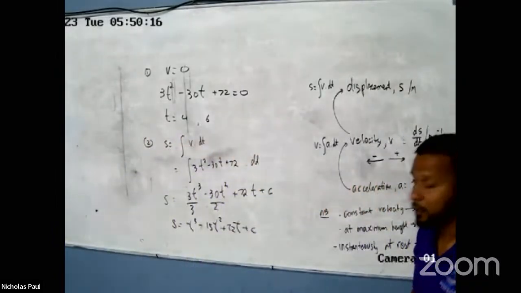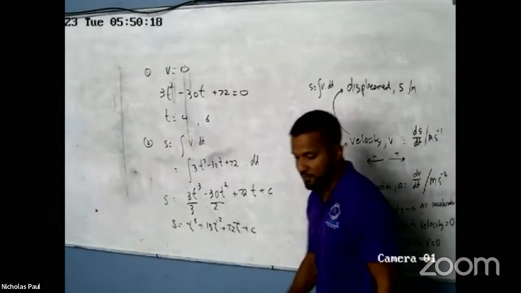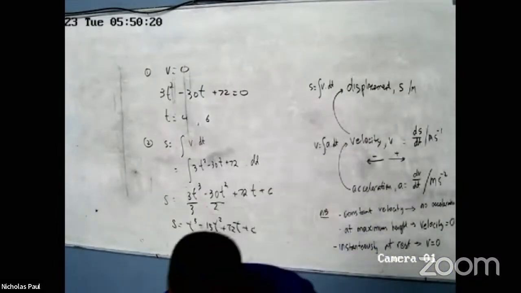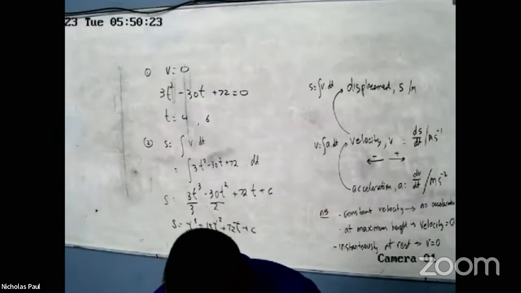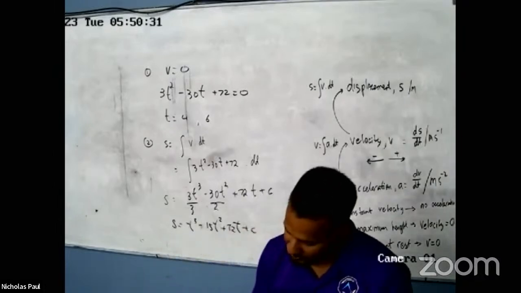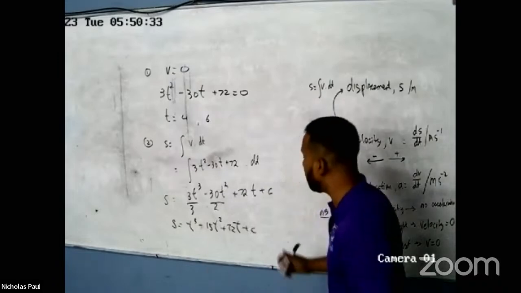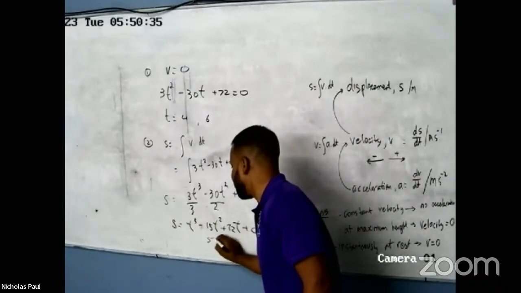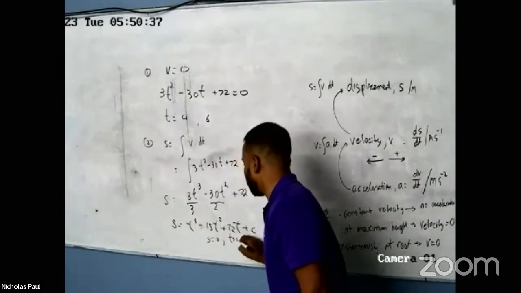How did we get c? If we go back to the question, it said t seconds after passing a fixed point O. So basically, it started at a point O, which means that when s is 0, t is 0.